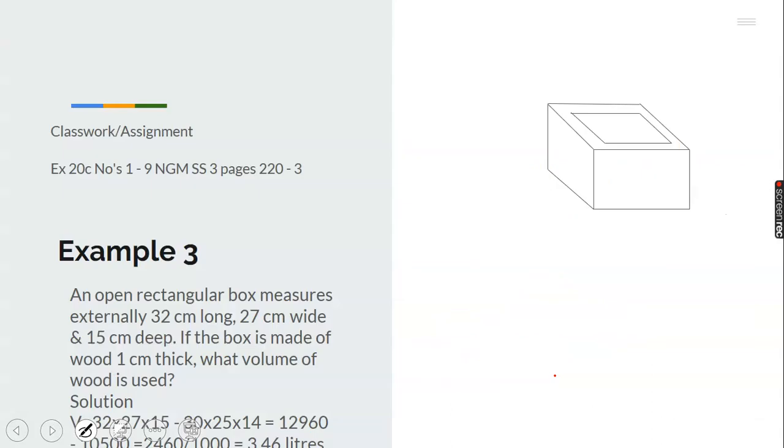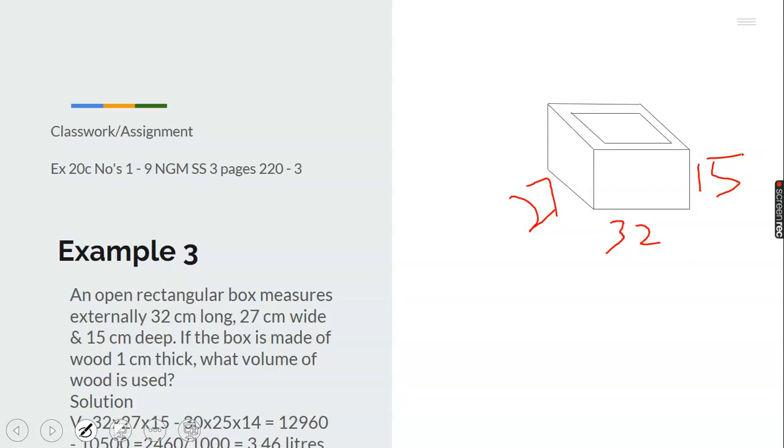The third example I'm going to give for this class, the first part, is an open rectangular box that measures externally 32 cm long and 27 cm wide and 15 cm deep, representing the height as shown in this diagram.